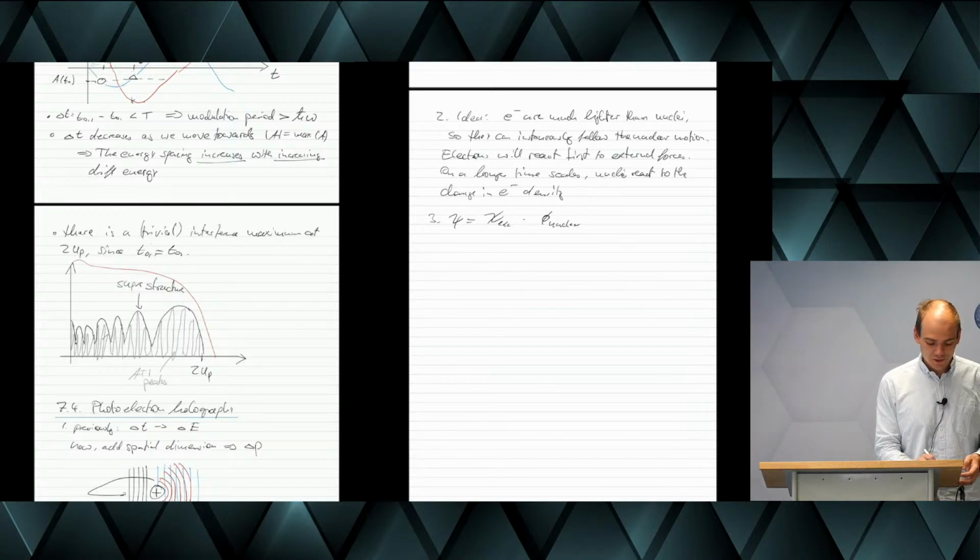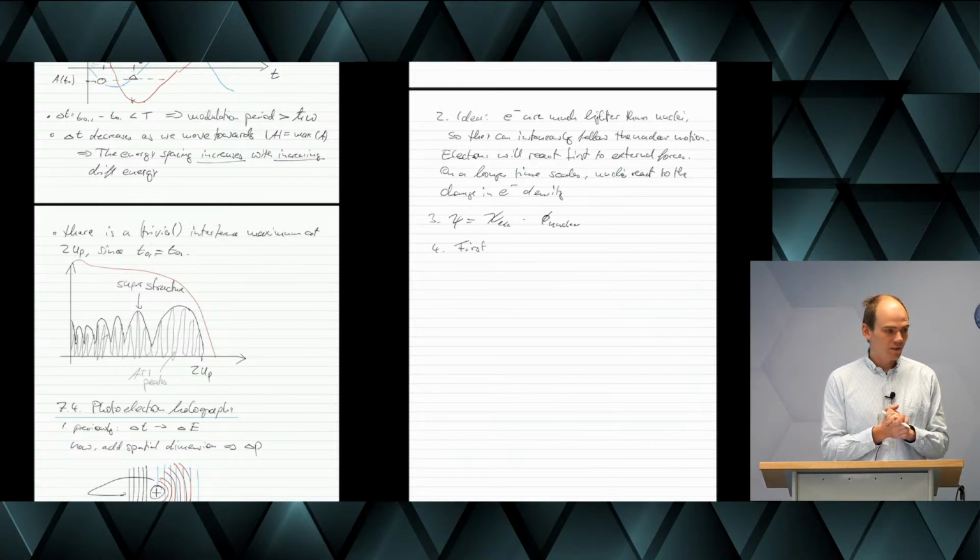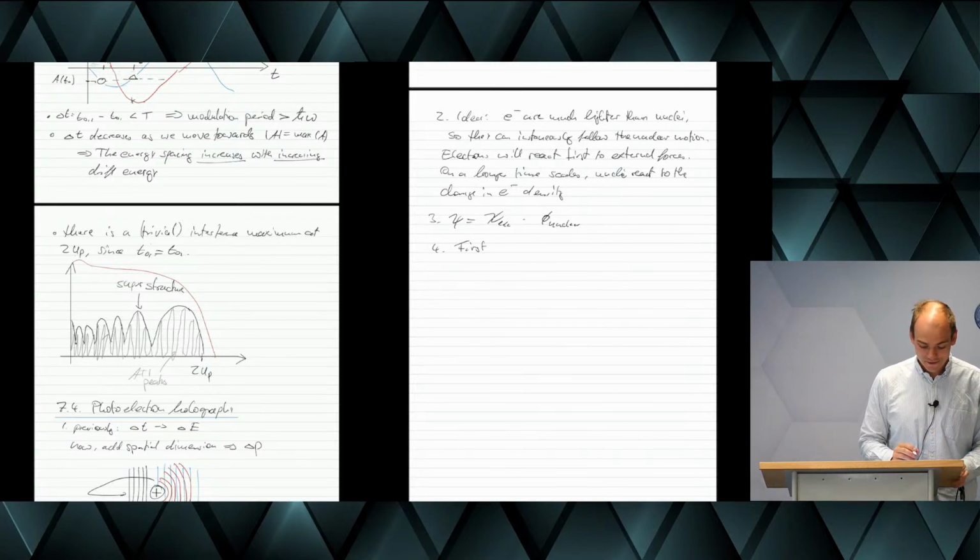And now in the first step, we will solve the electronic problem. We'll just pretend we're working on the attosecond to femtosecond time scale, where the nuclei are just frozen, and then we solve the electronic problem for frozen nuclei.